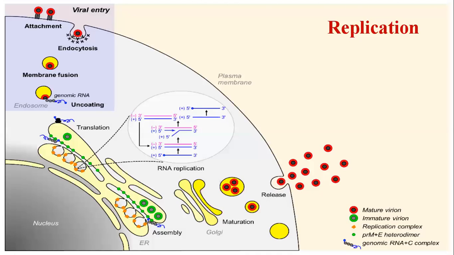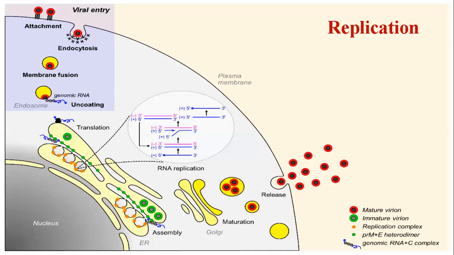Now, how does this particular virus replicate? As I have already mentioned, this is an enveloped virus, and both the M and E proteins are responsible for viral entry. The virus enters the host cell via receptor-mediated endocytosis.